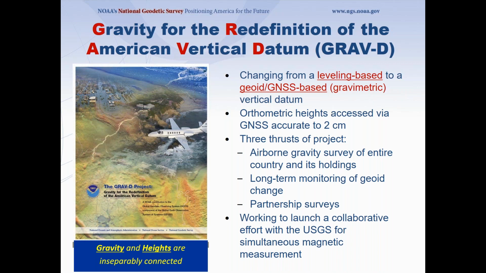We'll monitor them over time, or we'll come back every year and reoccupy them to get the gravity values through a really expensive, high-precision gravimeter. And we're working with partner surveys with DOD and USGS. And we also hope to work with USGS to get their magnetic measurements, and we're on that now.